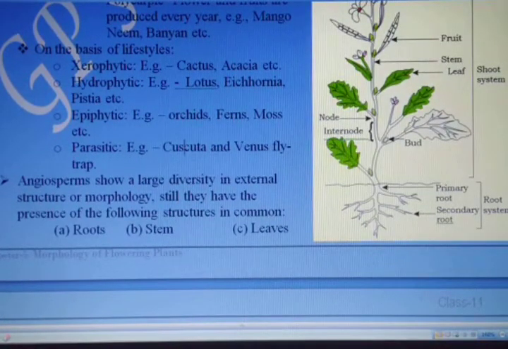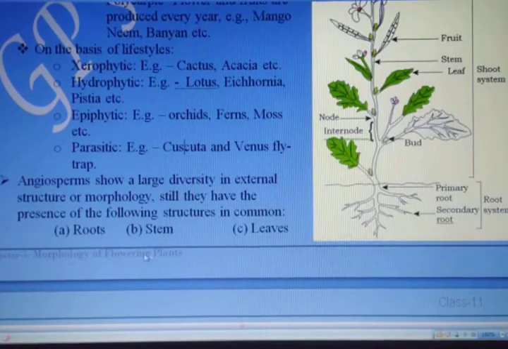That means what? That angiosperms, or the group of plants classified under this angiosperm group, have large variety in terms of their external structure, or otherwise you can call it morphology.